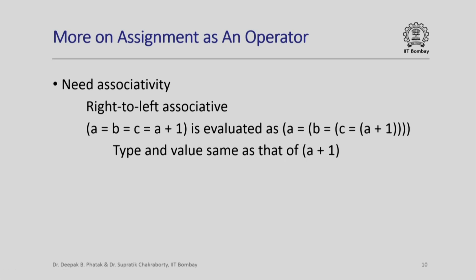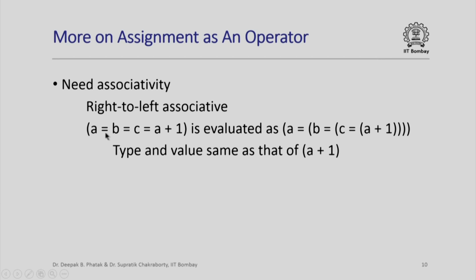Now just like precedence, if you want to treat assignment as an operator, you also have to worry about its associativity. Now unlike any of the operators that we have seen so far, the assignment operator is right to left associative, which means if I write an expression like this, first of all plus has higher precedence than assignment. So A plus 1 is going to be evaluated first.